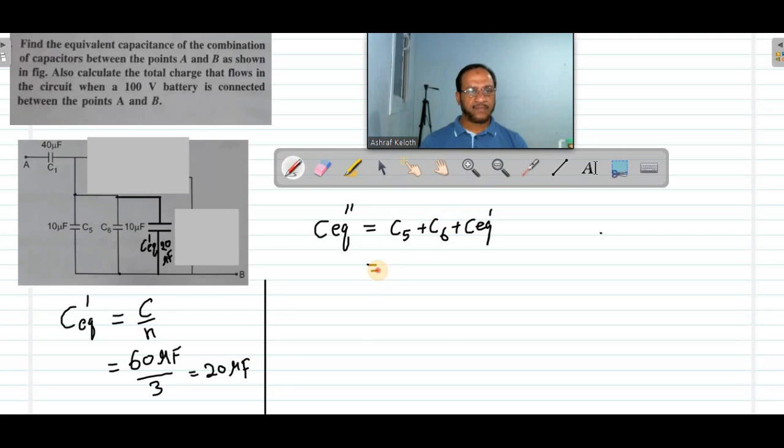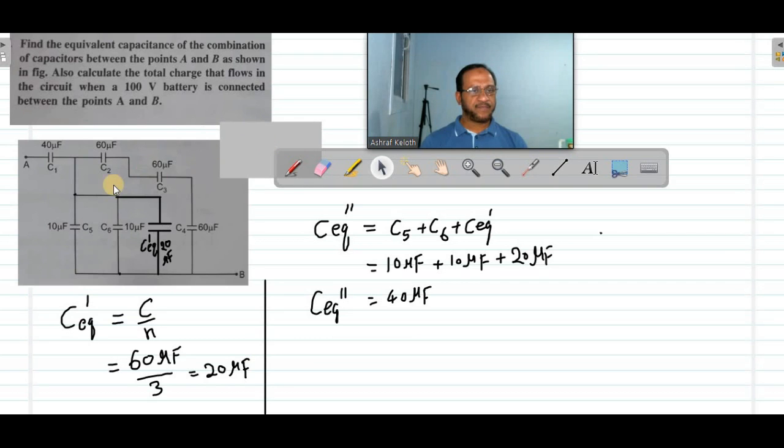That is 10 microfarad plus 10 microfarad plus 20 microfarad. So the total is 40 microfarad, that is C equivalent 2 dash. This entire network we replace by a single capacitor of 40 microfarad.